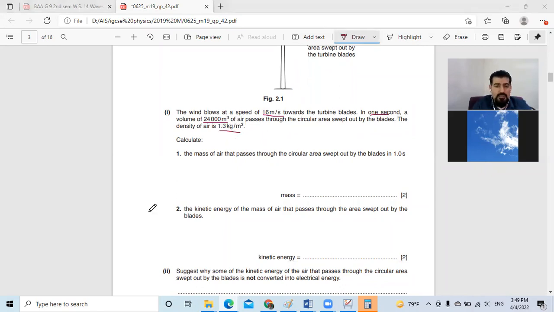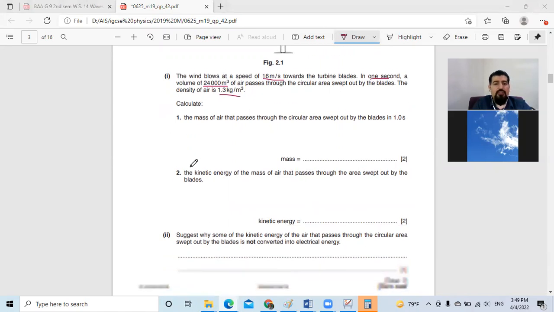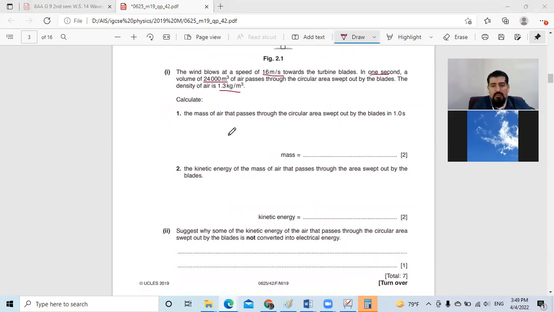What do they ask? Calculate the mass of the air that passes through the circular sweep of the blades every second.